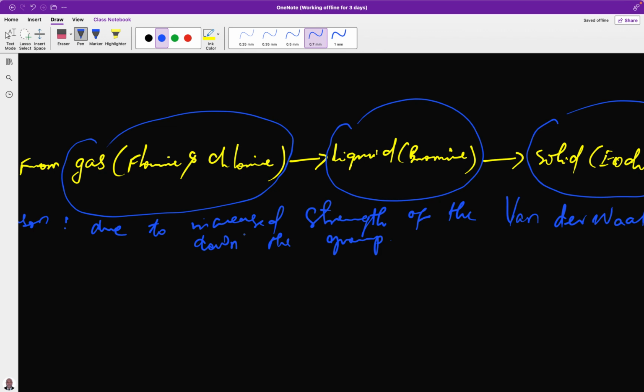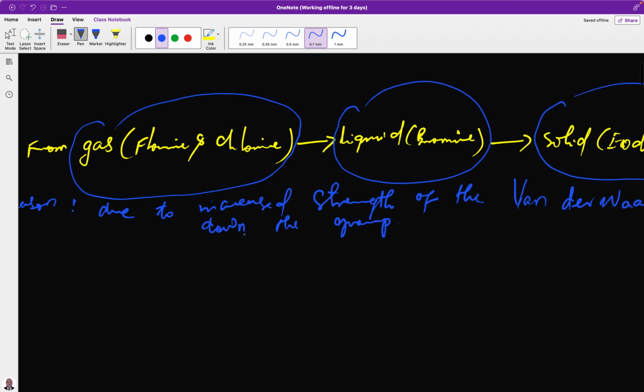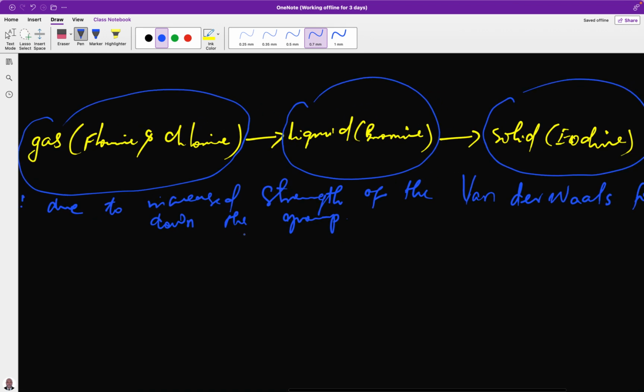There is something I want to explain here. Van der Waals forces categorize everything. It summarizes all the intermolecular forces. Van der Waals forces is the general name used for instantaneous induced dipole.